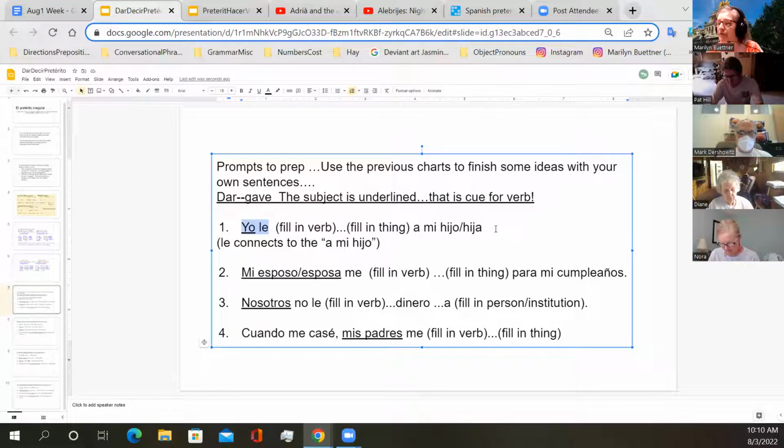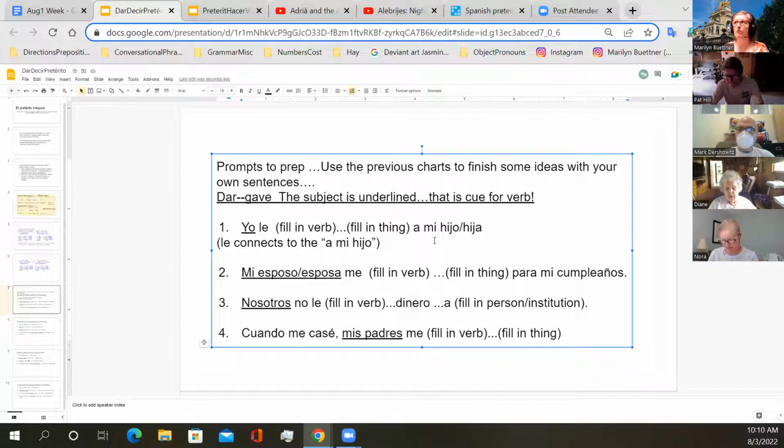That's the cue for the verb form that we need. So we're going to build a sentence that says, I gave something. You're filling in the verb and filling in the thing. I gave something to my son or daughter, right? The le just reinforces that you're talking about who received something.